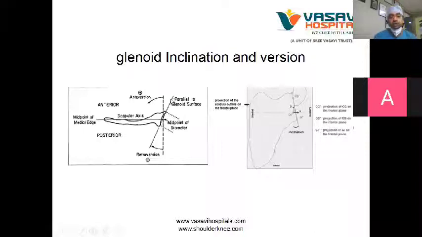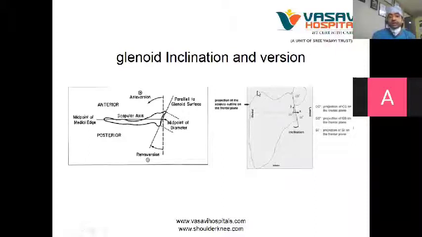So this is the glenoid version, and it's normally about minus 10 degrees, that is 10 degrees of retroversion. As you can see here, this is the anterior side, this is the posterior side, and the glenoid articular surface is obviously facing posteriorly, in about 10 degrees of retroversion.